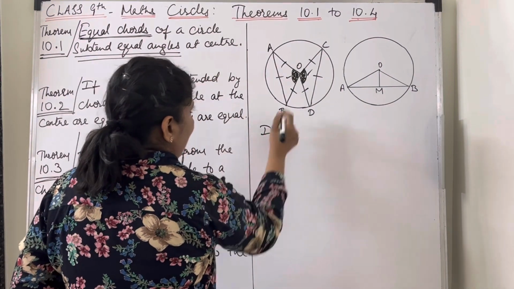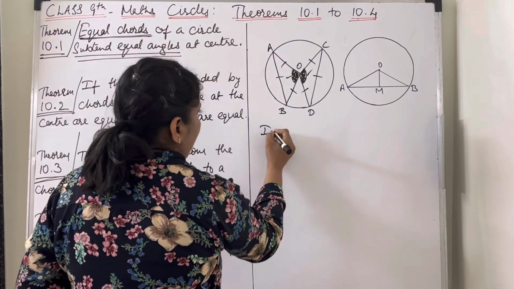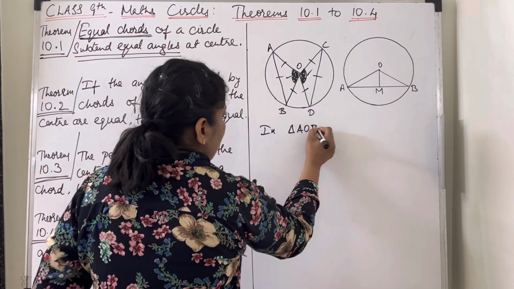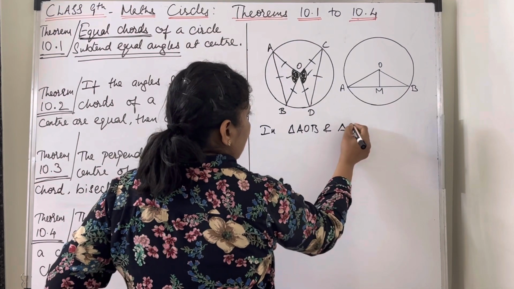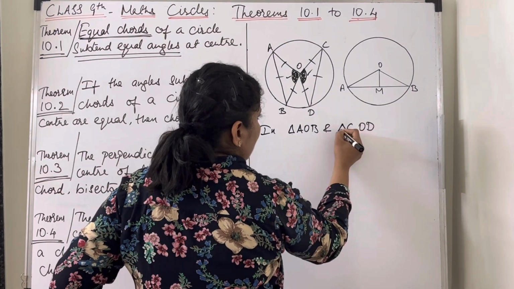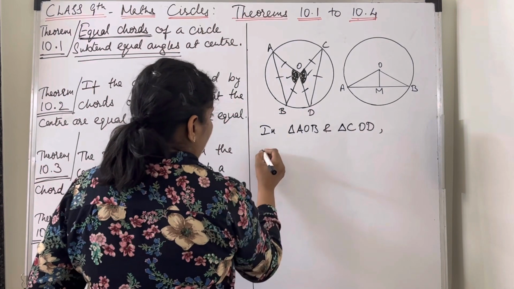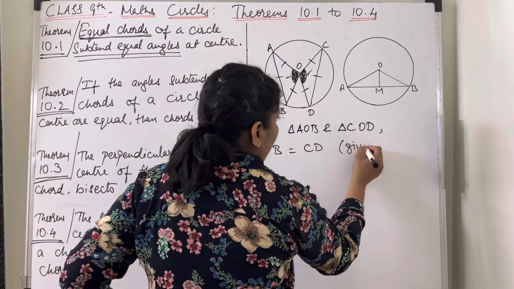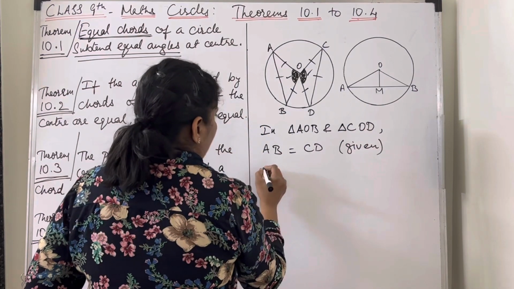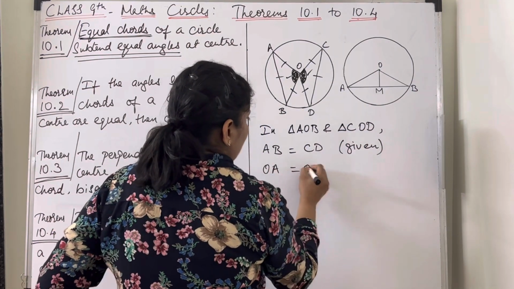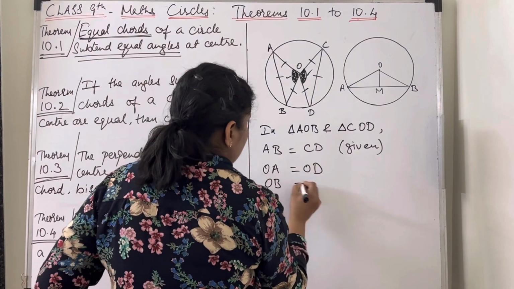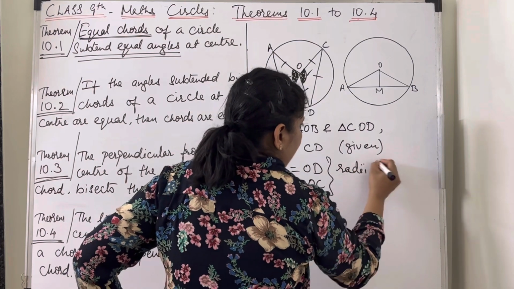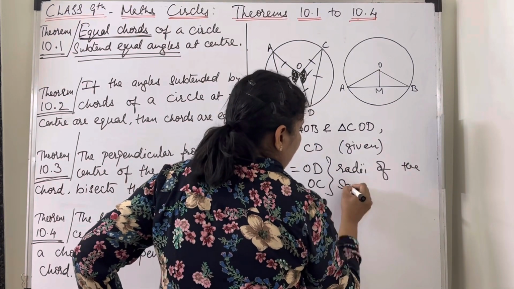So in triangle, now when we connect this, we get two triangles. In triangle AOB and triangle COD. So these are two triangles. Now we have been given AB is equal to CD because they are equal chords. Now OA is equal to OD and OB is equal to OC because they are radii of the same circle.